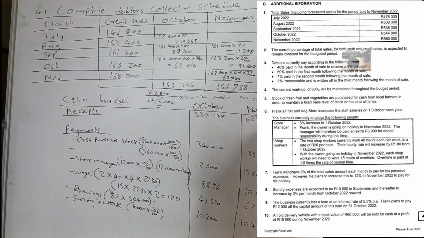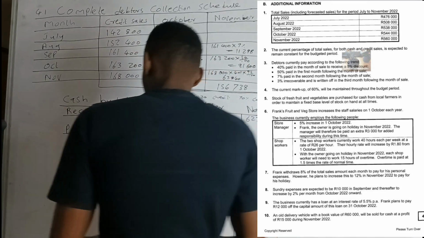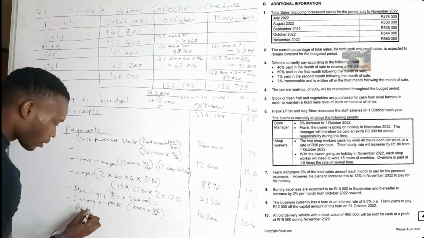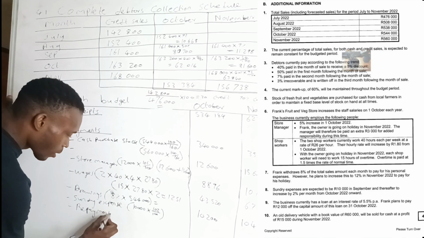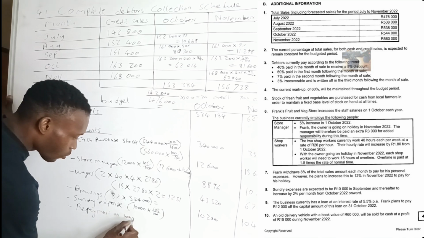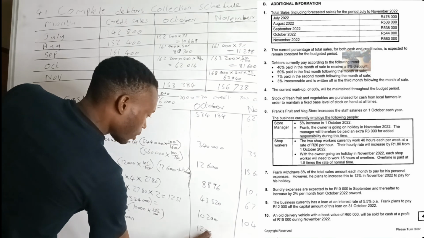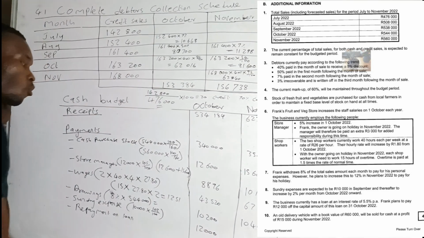Okay, Frank planned to pay 12,000 of the capital amount of this loan on 31 October 2022. Okay, which means that we are going to create an account which we call repayment on loan. Okay, which is going to be 12,000 that has been paid off.